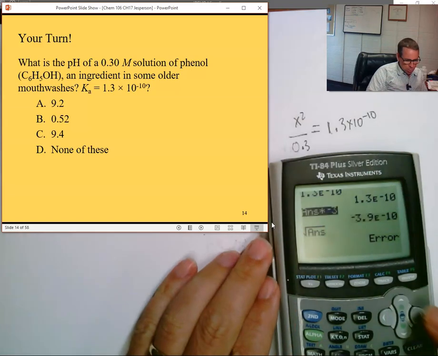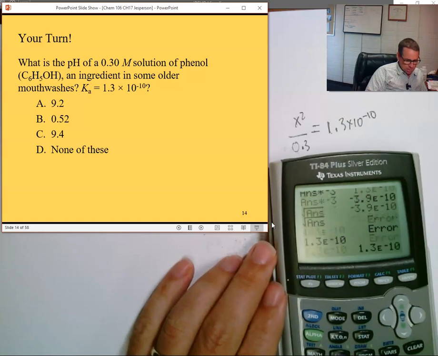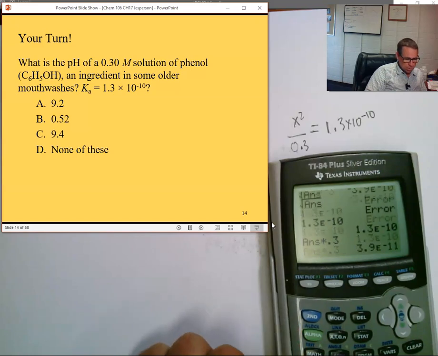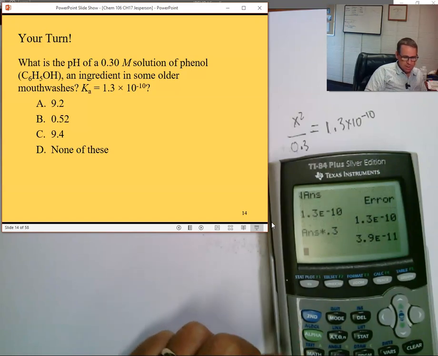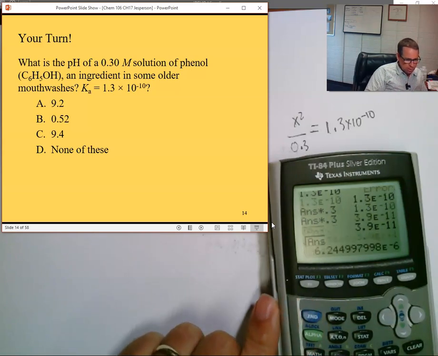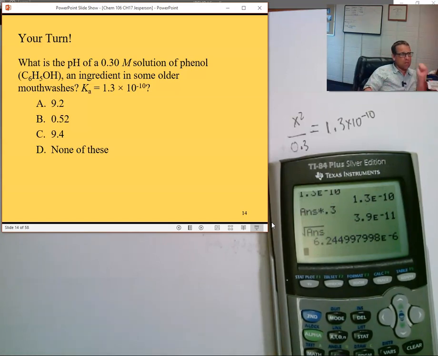Let's try again. 1.3 times 10 to the minus 10 times 0.3, 3.9 times 10 to the minus 11. Whoops. Square root of that value there. 6.2 times 10 to the minus 6. That's not one of our answers. What did I do, Sarah?